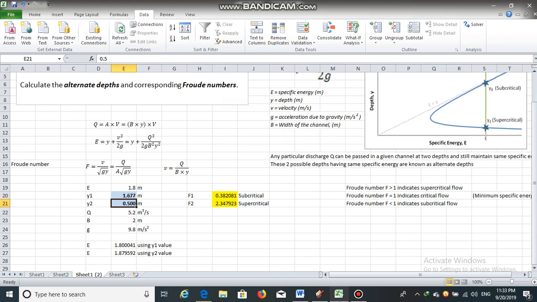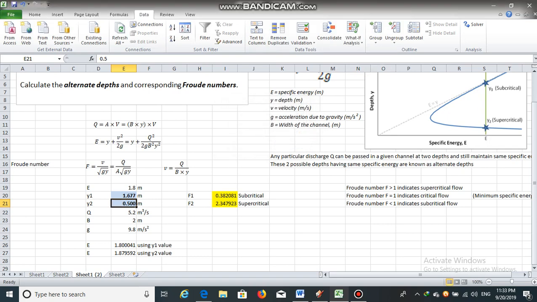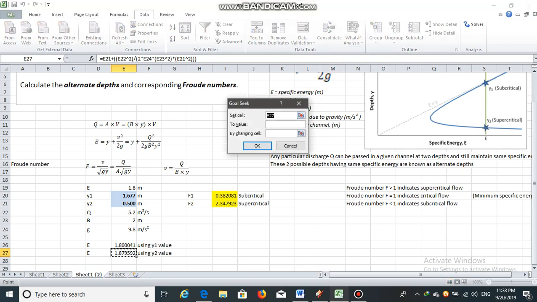We'll talk about it later. Let us first calculate y2. Now Goal Seek: set this cell to value of 1.8 by changing the value of this cell y2.